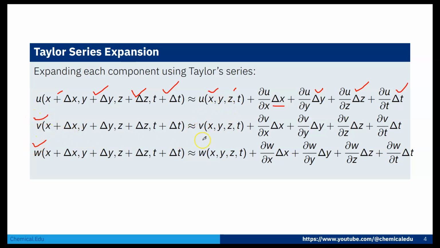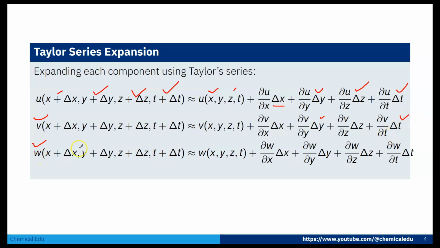So v will be v of x, y, z, t, plus partial derivative of v with respect to x into del x, partial derivative of v with respect to y into del y, partial derivative of v with respect to z into del z, partial derivative of v with respect to t into del t.